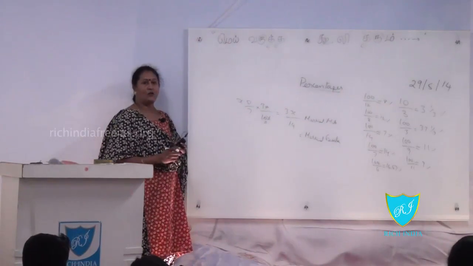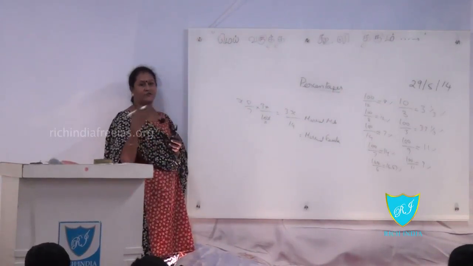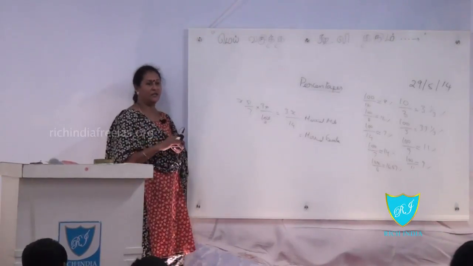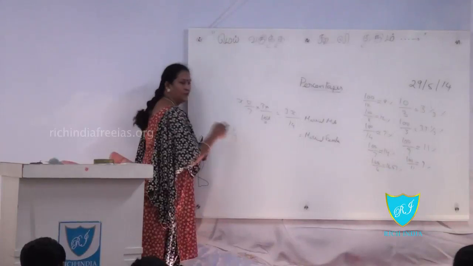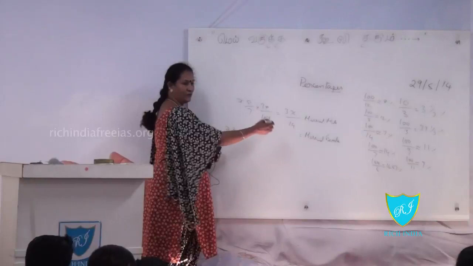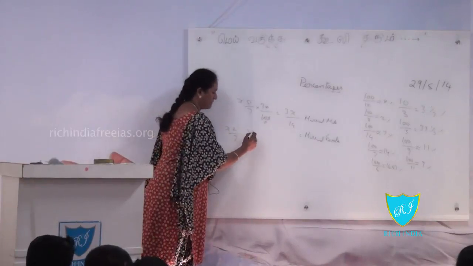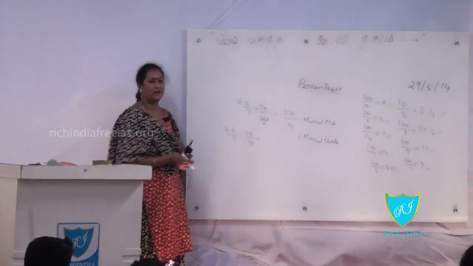Now what is the total female population? 5 out of 7 is male, so female will be 2 by 7. So out of this X, 2 by 7 is female population, and you need unmarried population. Married female is 3x by 14. So this you subtract, you get unmarried female.